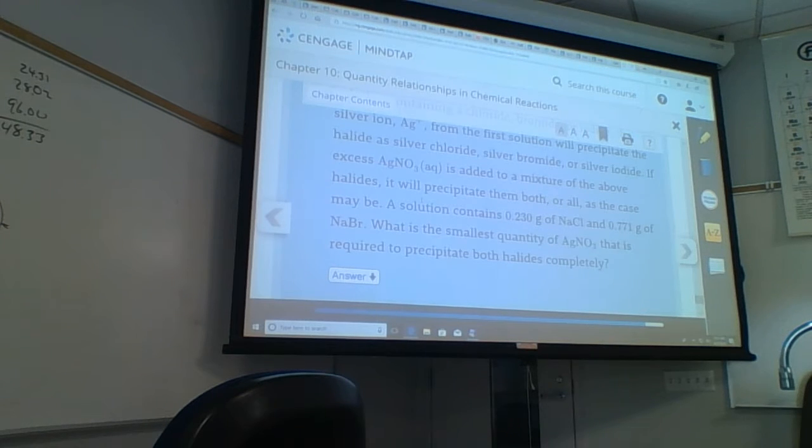A mole of sodium chloride is 58.44 grams. So it's a 1-to-1 mole ratio: 1 mole of silver nitrate per 1 mole of sodium chloride, to grams of silver nitrate. You gotta erase that one. Do you have that in your notes?